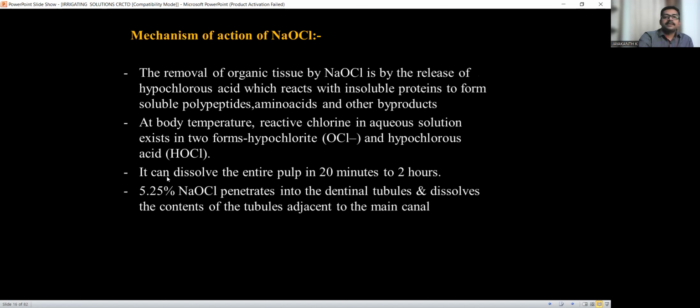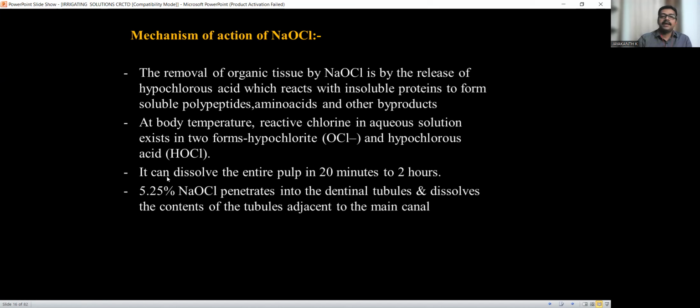Now coming to the mechanism of action of sodium hypochlorite. The removal of organic tissue by sodium hypochlorite is by the release of hypochlorous acid, which reacts with insoluble proteins to form soluble polypeptides, amino acids, and other byproducts. At body temperature, reactive chlorine in aqueous solution exists in two forms, hypochlorite and hypochlorous acid.